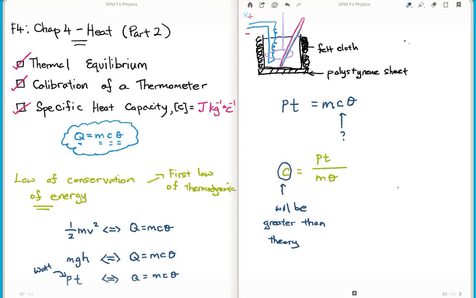Why is it greater? Because the increase of temperature is actually less than it is supposed to be.